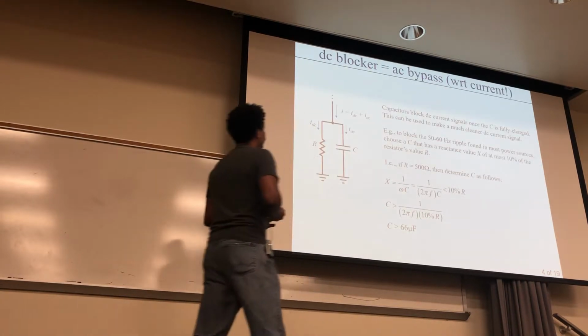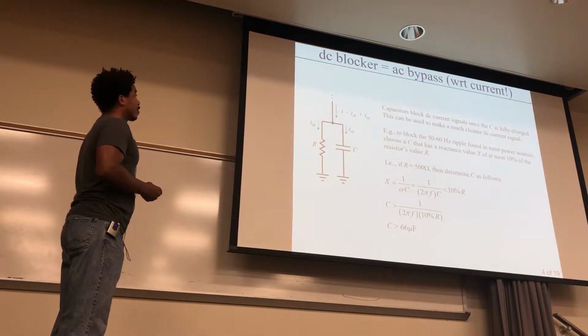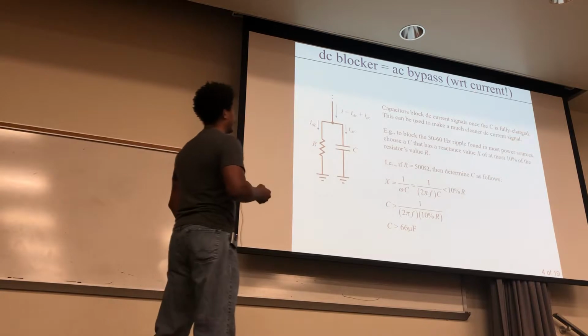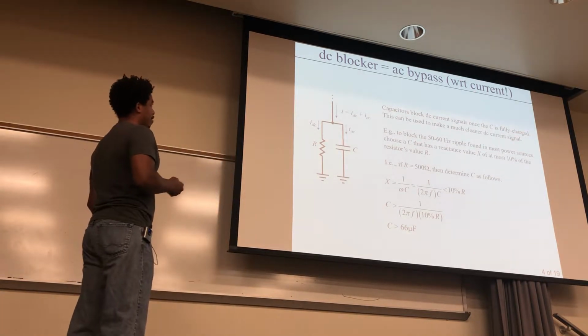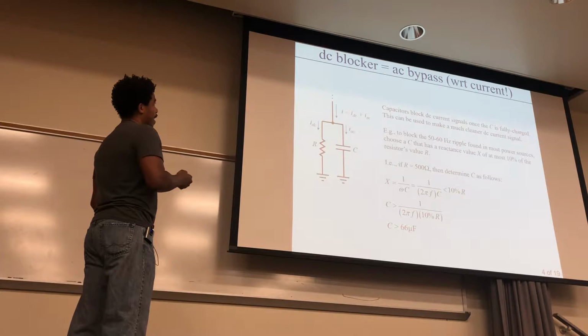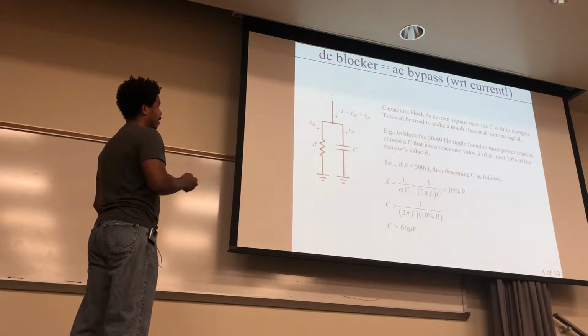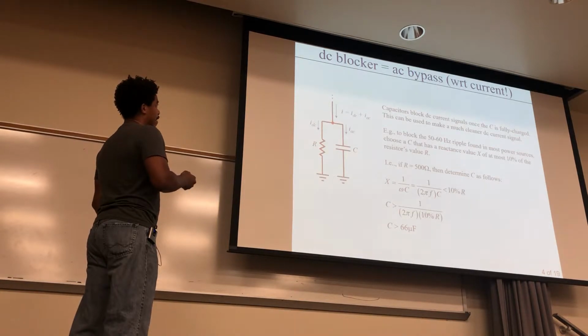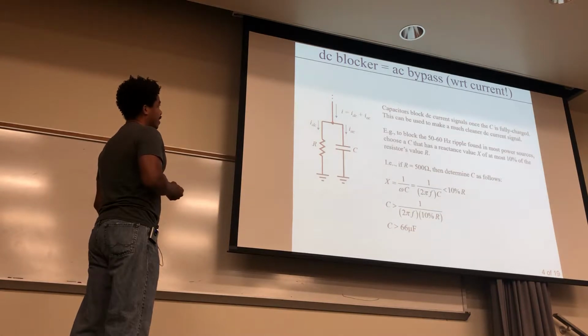So, more on this DC blocker, which is also the same thing as an AC bypass, but with respect to current. Think of it like this: you could have this current signal coming down, and this current signal is a combination of a DC component and an AC component. You could think of it as the DC component going around this direction, and the AC component going in this direction. One way to look at that is, the current likes the path of least resistance.